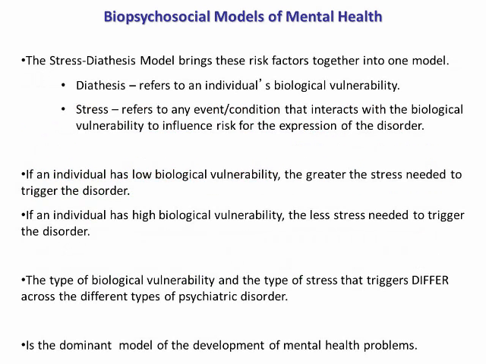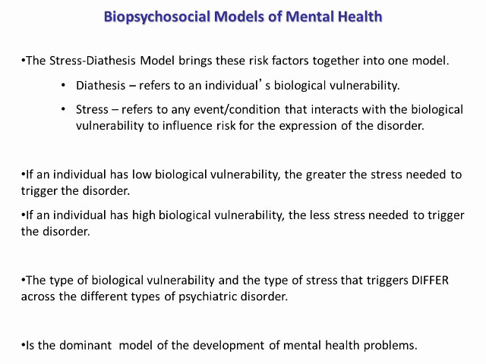And then I'm sure you're aware of the stress diathesis model, which is part of this model. The diathesis refers to your individual biological vulnerability to having a mental disorder. And then stress is any event or condition which might interact with your biological vulnerability to influence your risk.